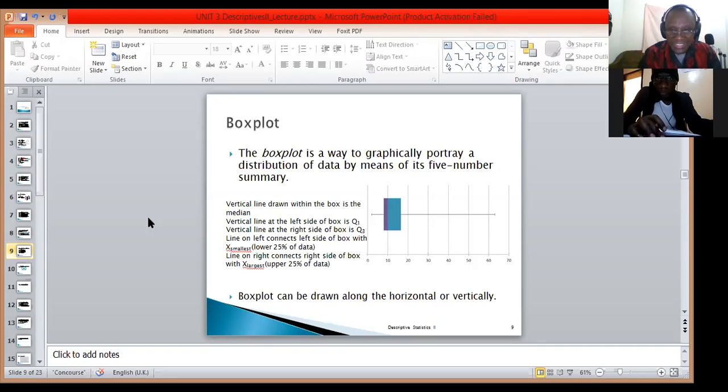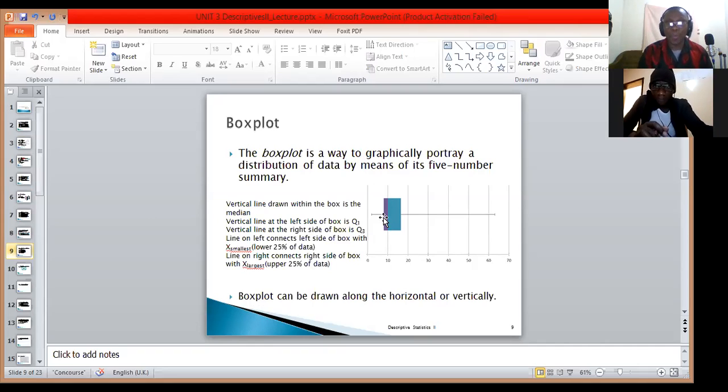This vertical line that is drawn within the box, I'm sure you are able to see this different color here. It should be somewhere here. Yes, I have seen it.